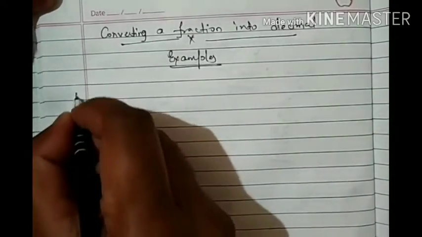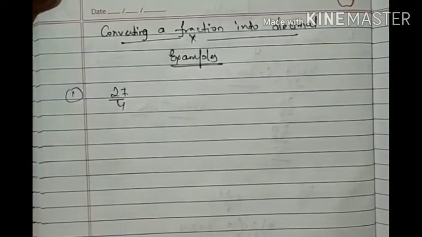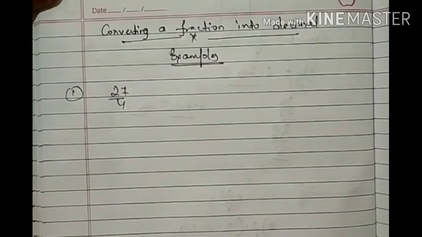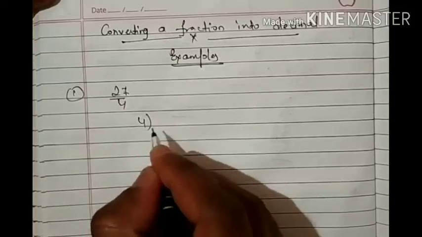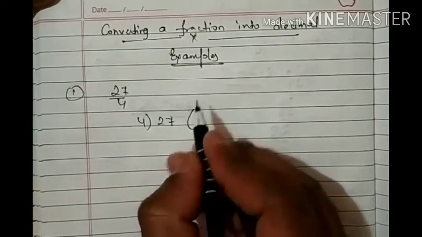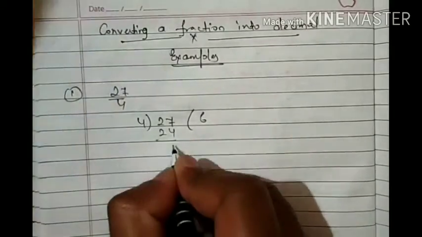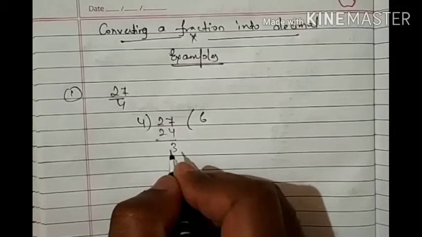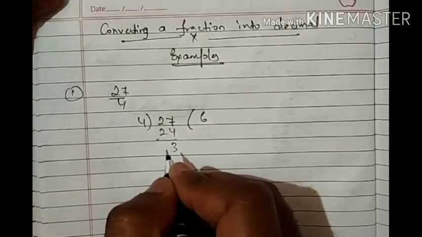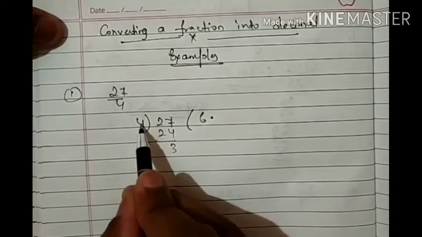Let's take the first question, that is 27 by 4. What we will do? We will divide 27 by 4. 4 sixes are 24. What are we left with? We are left with 3. We will write a point over here, as 4 cannot divide 3.